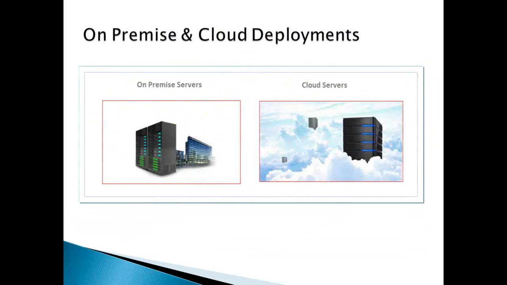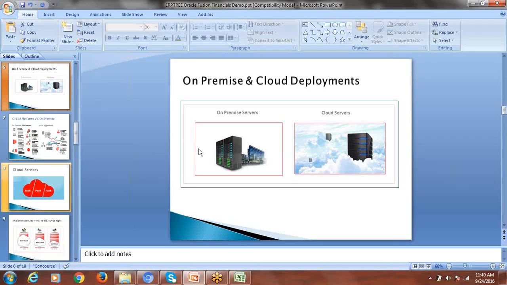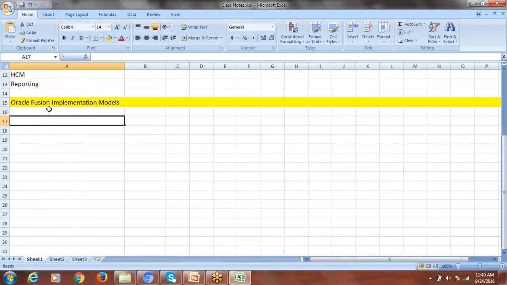That means it's about where they deploy the server, whether on their premises or in the cloud. The basic models are one, on-premise, and the second option, cloud.